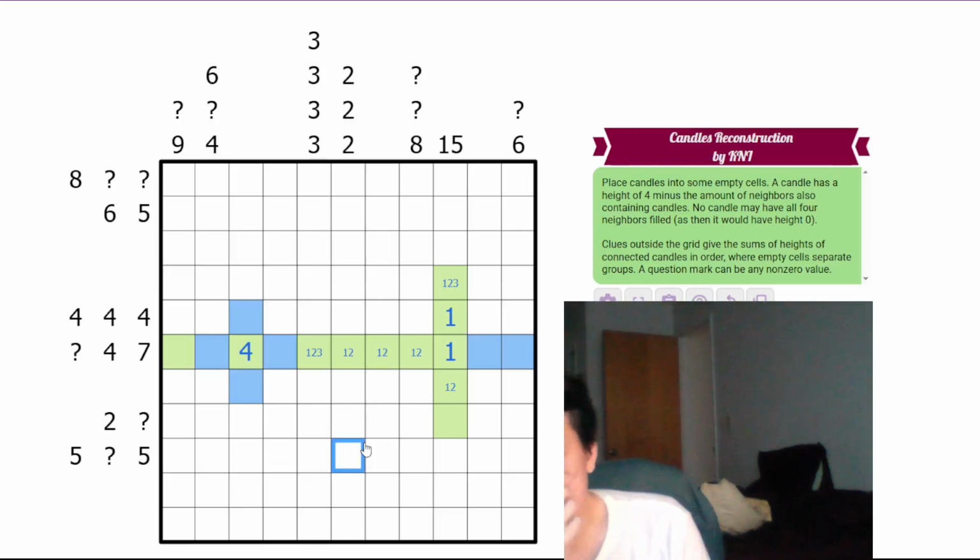$15. Hmm. 6 could be 3 and 3. Five could be 3 and 2. That works perfectly fine.